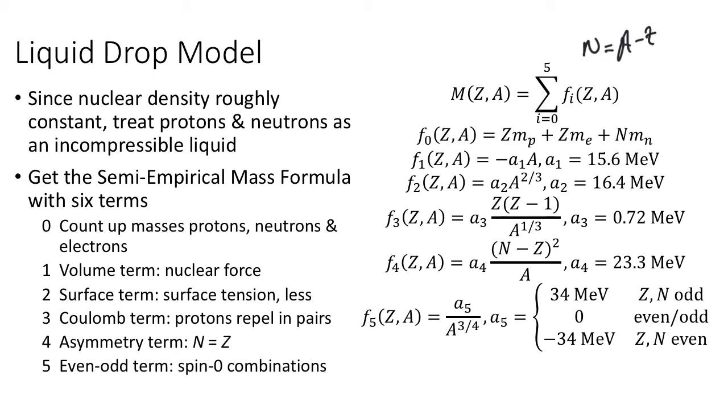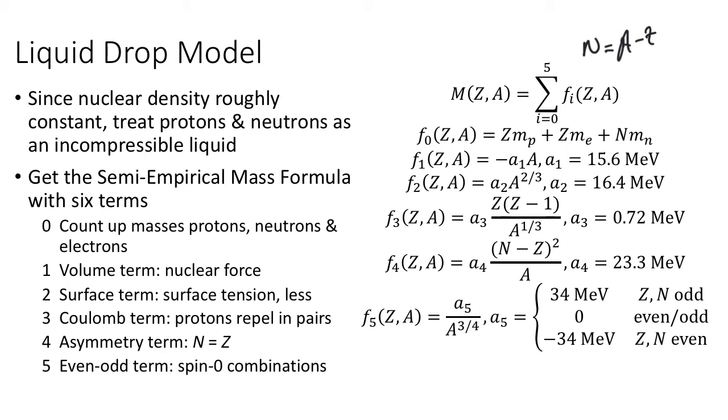To account for this, and the fact that even numbers are preferred, you add a factor: if both the number of neutrons and protons are odd, that detracts from the binding energy. If they're both even, we add to it. And if the number of neutrons is even and the number of protons is odd, or the other way around, there's no effect.